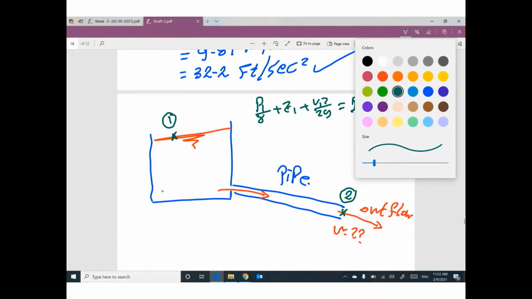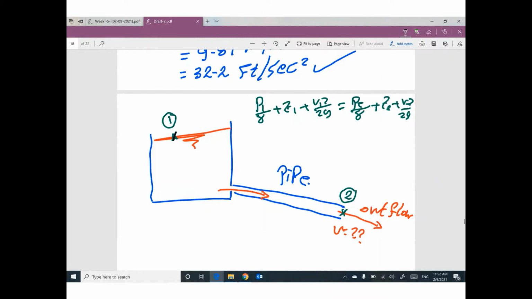Just for your information, if you are talking about a point under the effect of air, we don't have pressure. This point also is under the effect of air, we don't have pressure. This water surface in the tank will not flow with a high velocity. It's a very, very slow movement, so we will assume the velocity at location number 1 is 0. What is the elevation here?